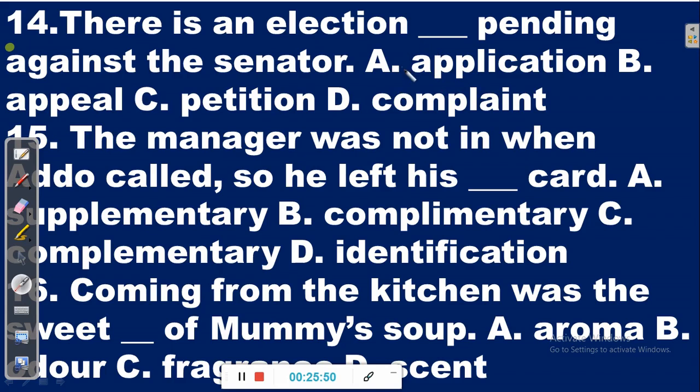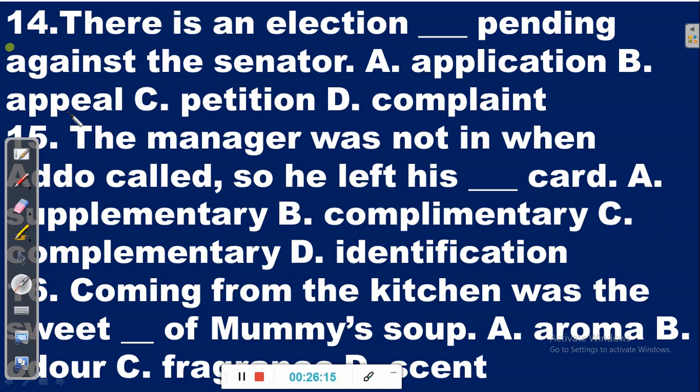That actually doesn't fit in here. Then the second one is appeal, that is B. An appeal is a kind of application or request asking a higher court for a particular decision to be reversed.